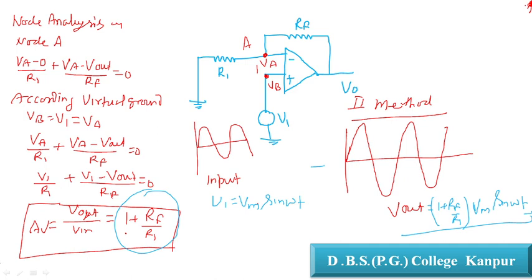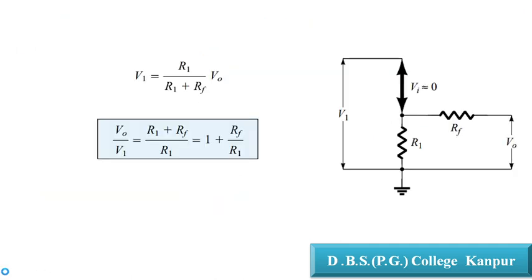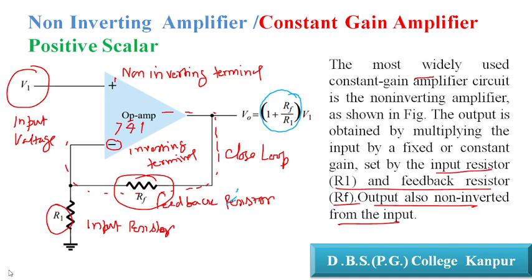Okay, I think you understand how the calculation comes out in the non-inverting amplifier. The main formula is Vout equal to 1 plus Rf upon R1 into V1. That is the voltage gain. In many universities there is a simple question: what is the voltage gain of a non-inverting amplifier, with calculation based on this.